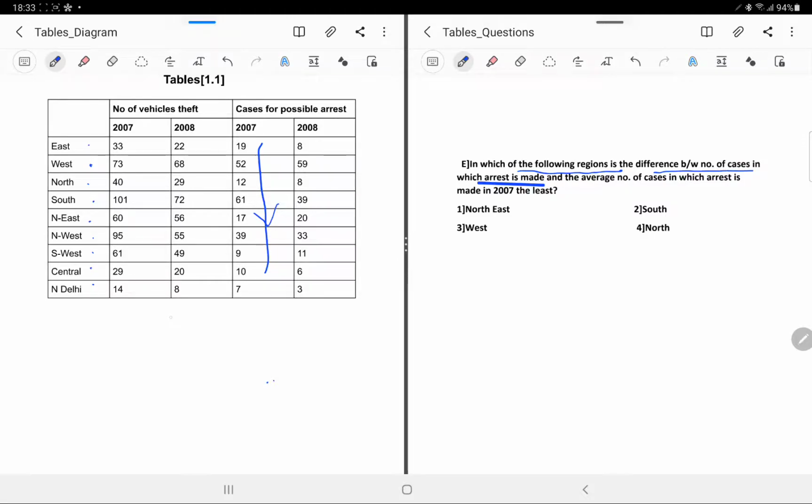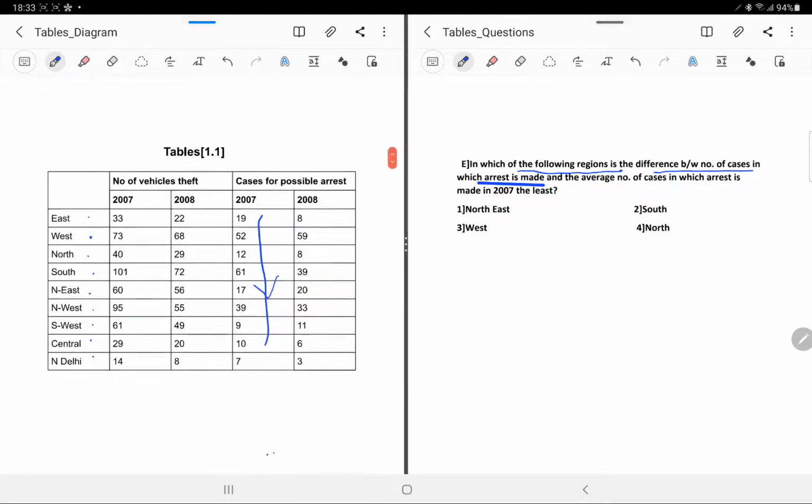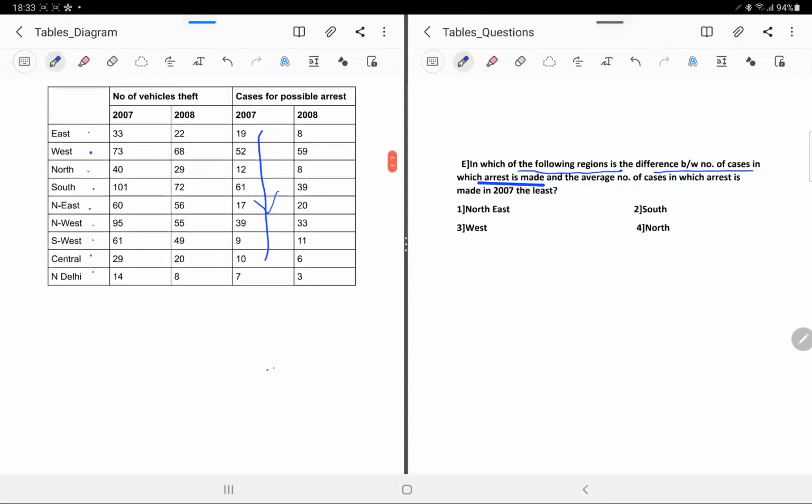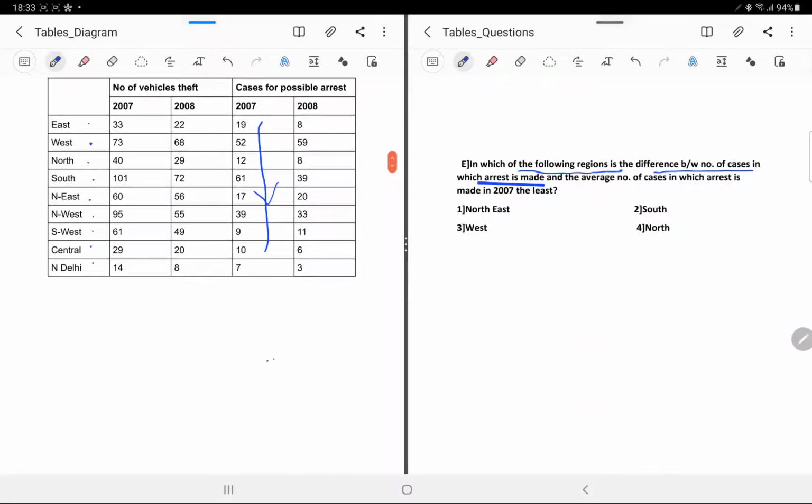So 19 plus 52, I think we had computed earlier, but let's try computing it again. 19 plus 52 is 71. 71 plus 12 is 83. 83 plus 61 is 144. 44 plus 17 is 61. 61 plus 39 is 100.